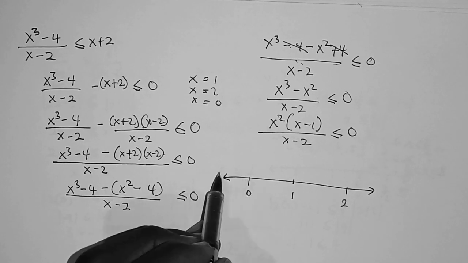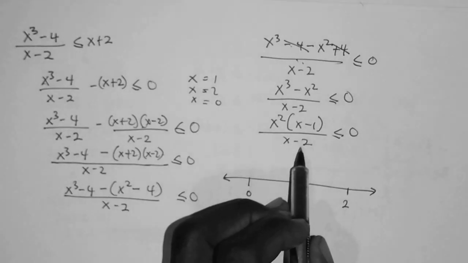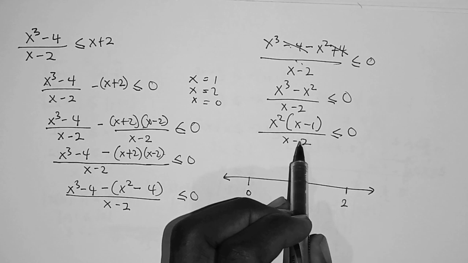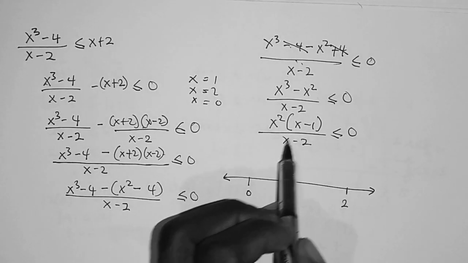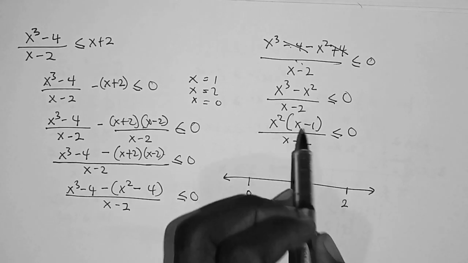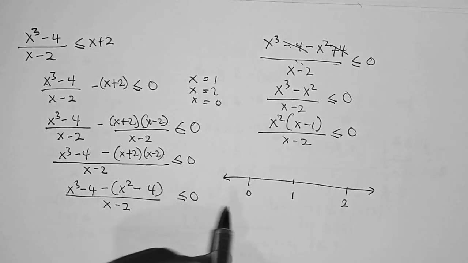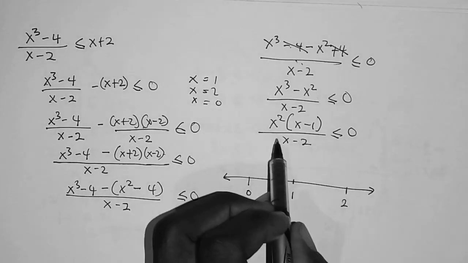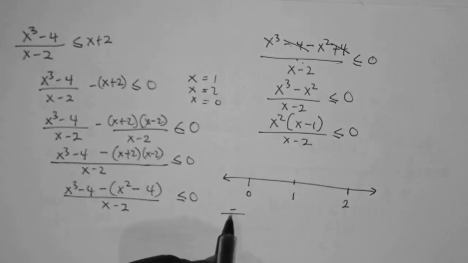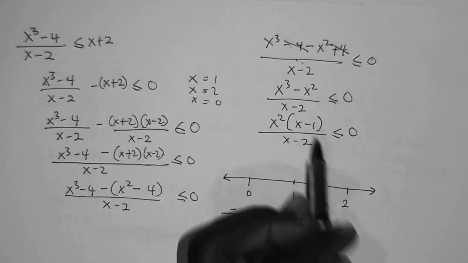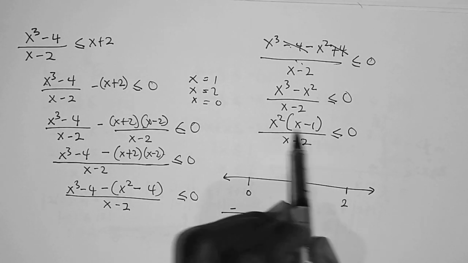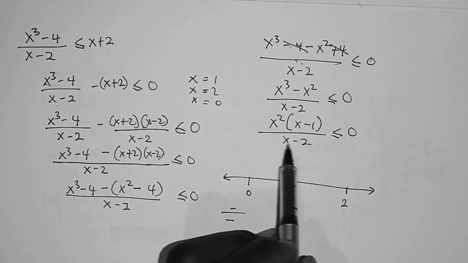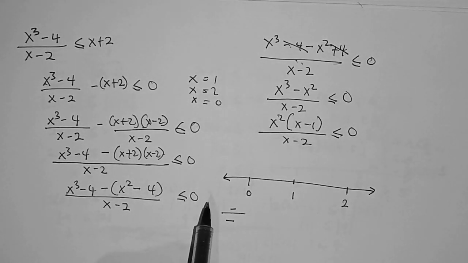For example, minus 1. If you put minus 1 in this equation, you see that the numerator is going to give us a negative number, and then the denominator is also going to give us a negative number, because -1 - 2 is -3.